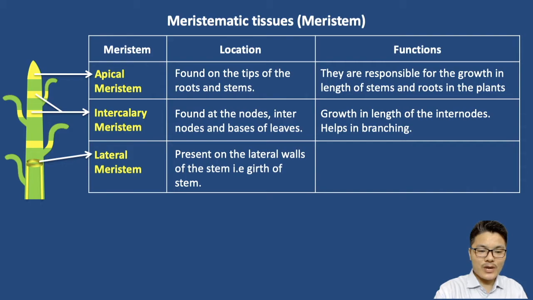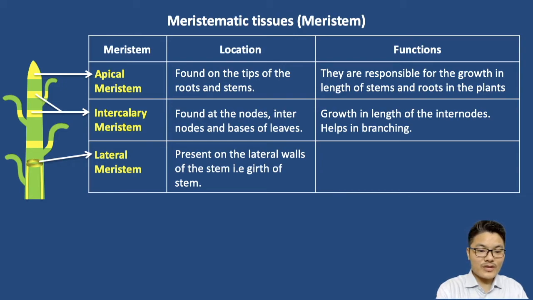Around the trees we have other layers which are protecting the inner layer, right? So the region which is surrounding the main plant, main stem, is the region where we observe lateral meristem. So lateral meristems are found on the lateral walls of the stem, or in the girth of the stem. Girth of the stem here refers to surrounding of the stem.